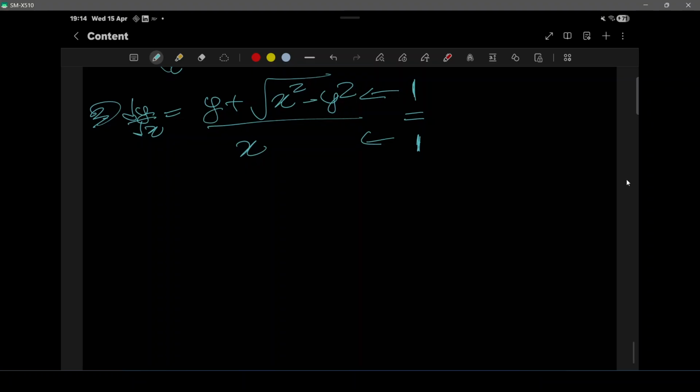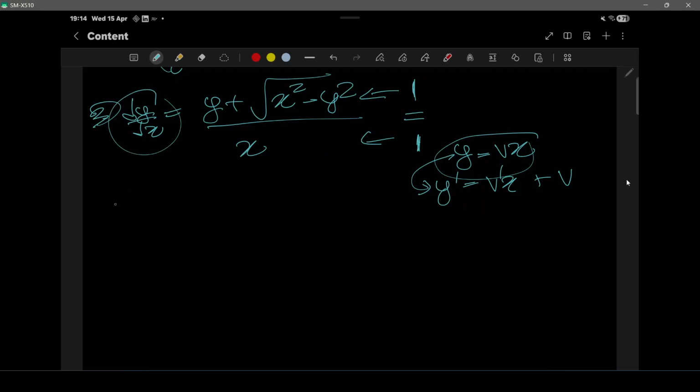After that, we have to do the substitution. y is equal to vx, so y dash equals v dash x plus v. We differentiate our substitution by x, because we have dy over dx here. So we replace this by v dash x plus v, and y with vx, plus square root of x squared, v squared x squared, over x.